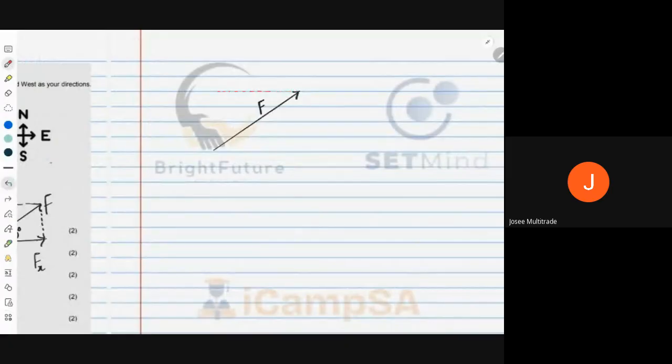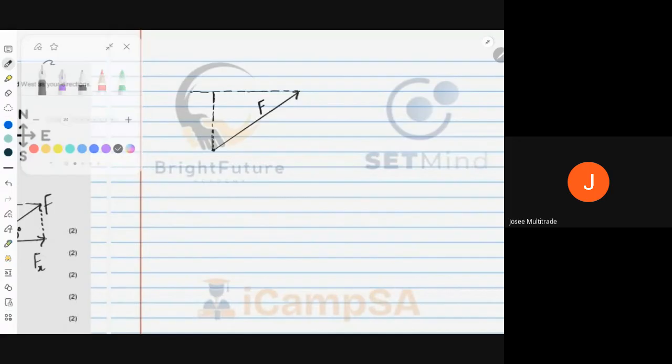Our y component will be red, our x will be purple. So this is the tail. You don't have to draw these dots like me. It just helps me make it look a bit neater. And then we'll sketch our line from the head all the way back there, and then another one from the tail until these two lines meet, right? So that's where our y component will be. That's Fy, okay? Say Fy.